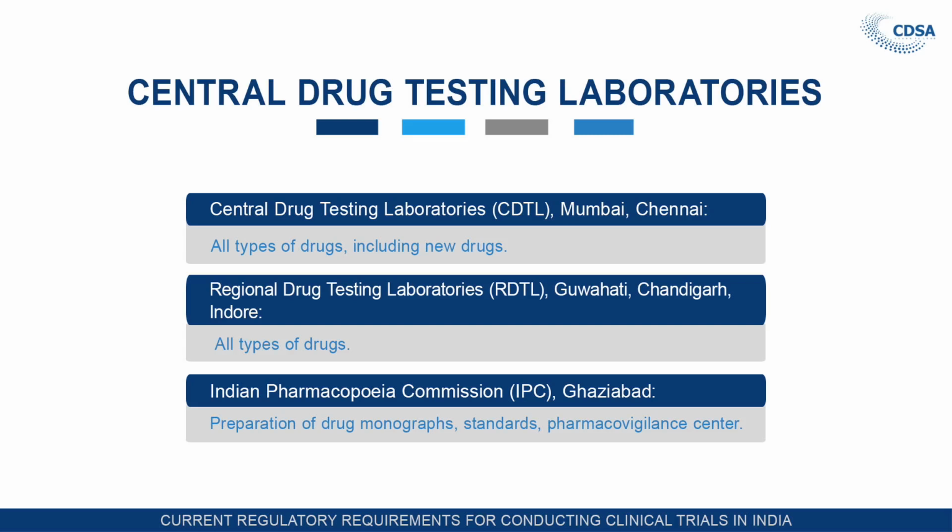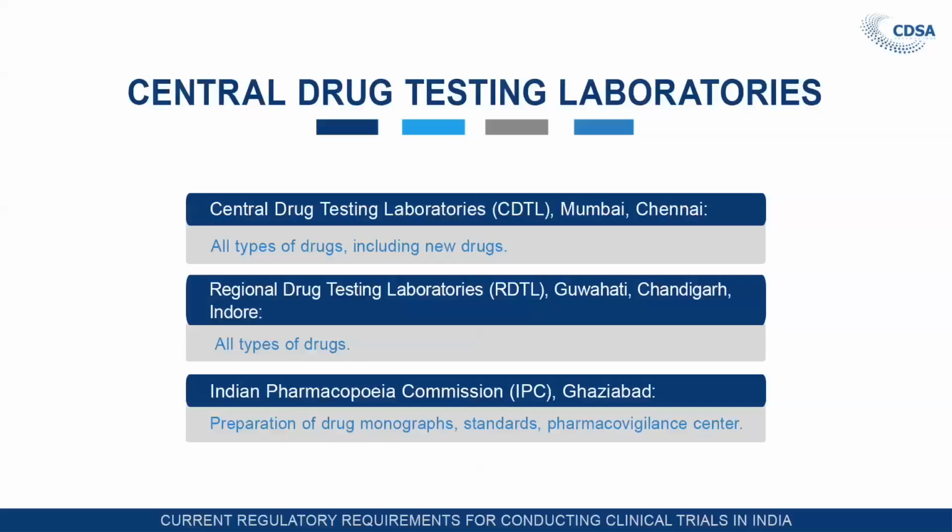Regional drug testing laboratories at Guwahati, Chandigarh and Indore. So these laboratories have also been created to test the drug samples sent by the inspectors and the survey samples, or any other customer also can send the sample to this laboratory for that particular zone.